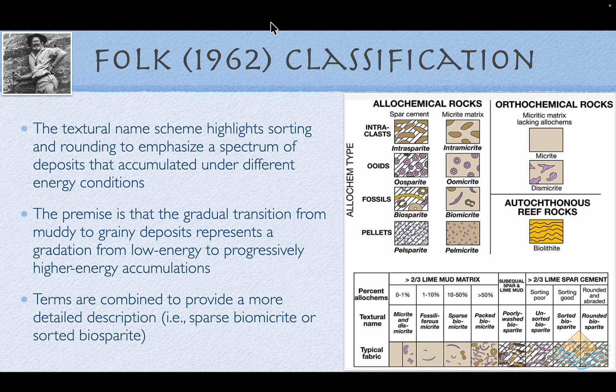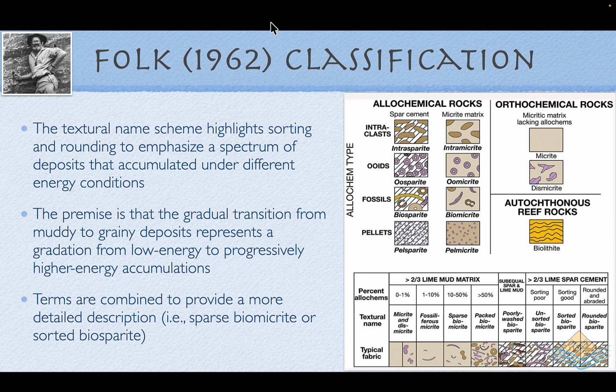Then we have the textural name, the lower part of this figure. It highlights sorting and rounding to illustrate a spectrum of environments where we have different energy conditions at the time of deposition. Folk's premise was that the gradual transition from muddy to grainy deposits represents a gradation from relatively low energy to progressively higher energy accumulations. But remember that we also have this notion of how did that micrite form?